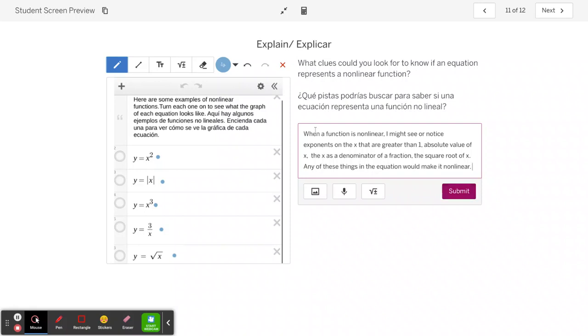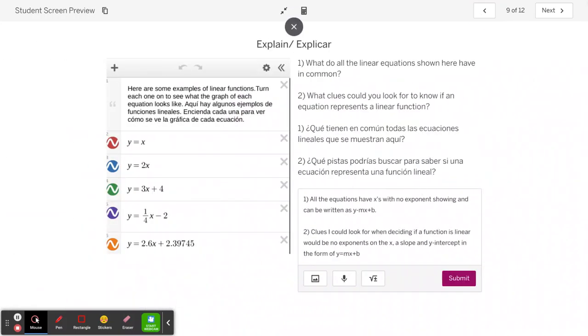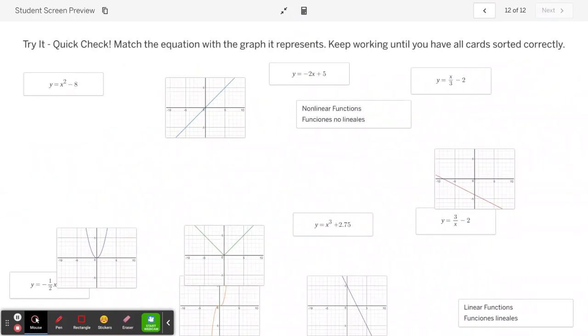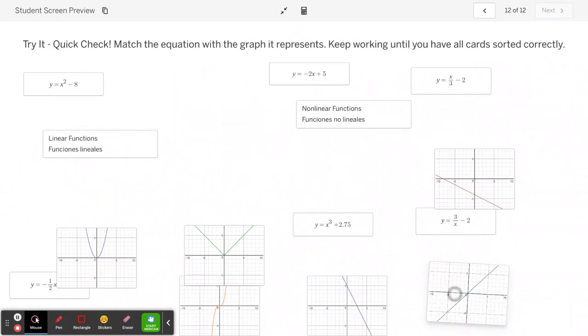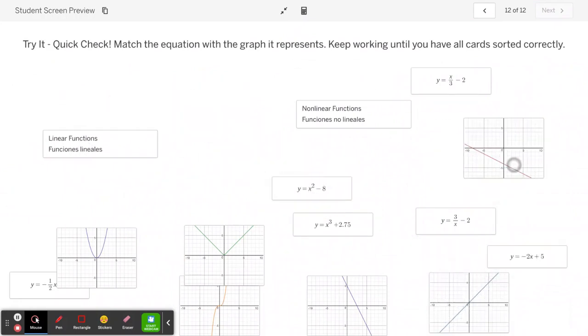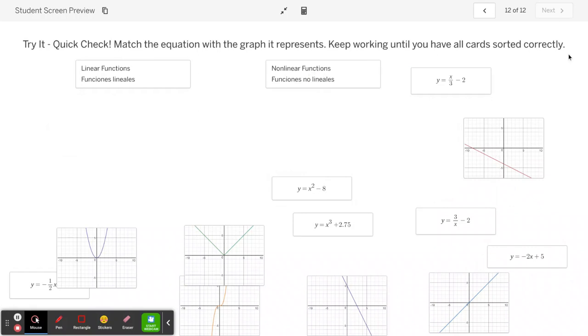Now, slide 11 and slide 9 are going to be the most helpful for you with getting slide 12 done. Slide 12, you're going to have two sections. You got linear and you got nonlinear. The graphs are probably the easiest because the linear graphs, obviously, all are going to show a straight line. Nonlinear, not a straight line.